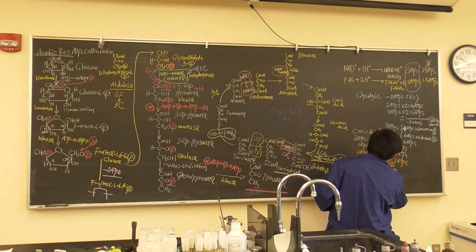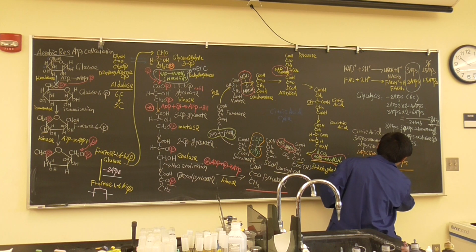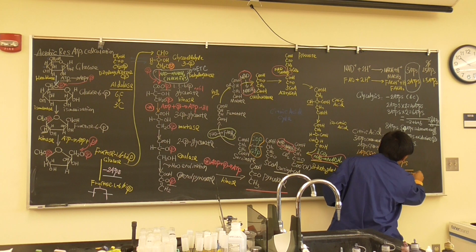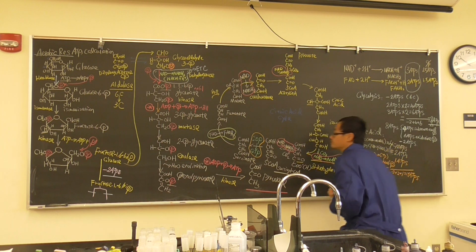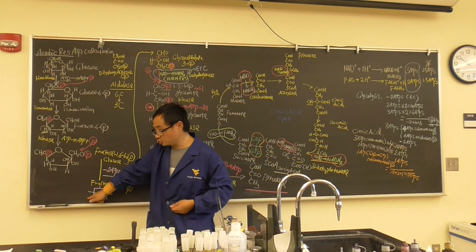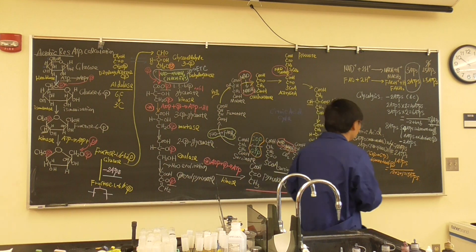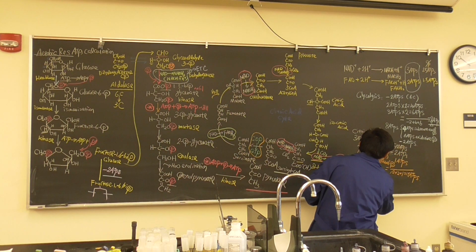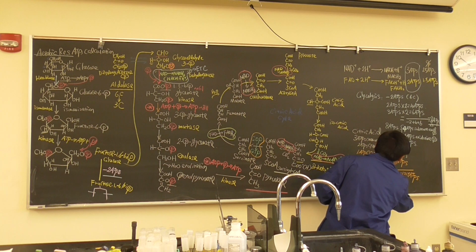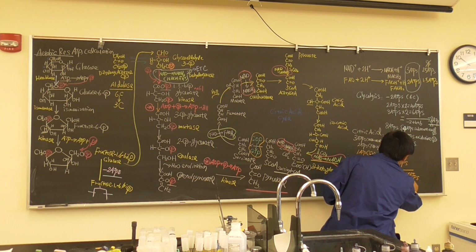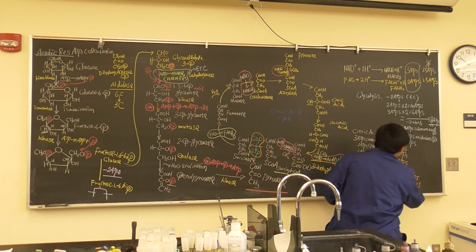So how many do you add up together? 12 add 2 add 1 is 15 ATPs. And do not forget, we have 2 pyruvate generated, each going to the citric acid cycle. So that is 15 ATPs multiplied by 2 equals 30 ATPs through the citric acid cycle.